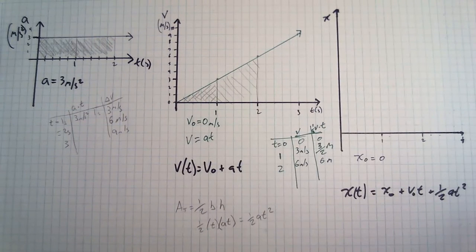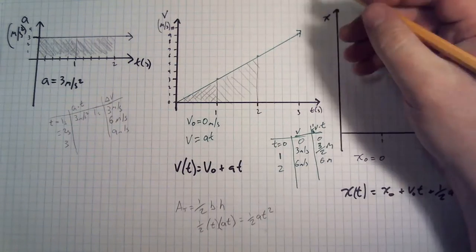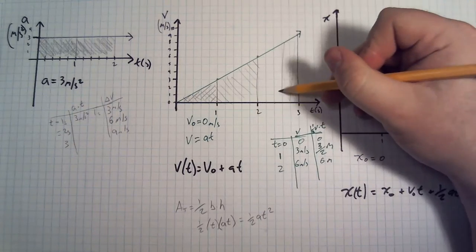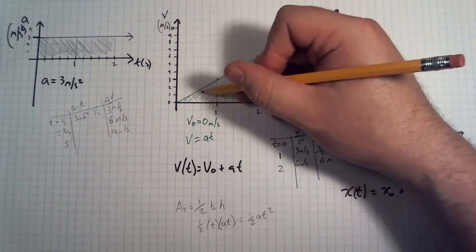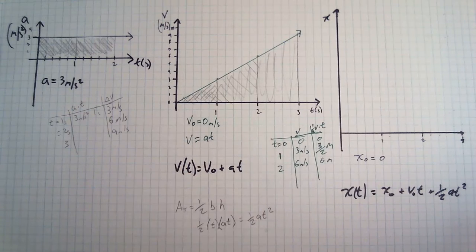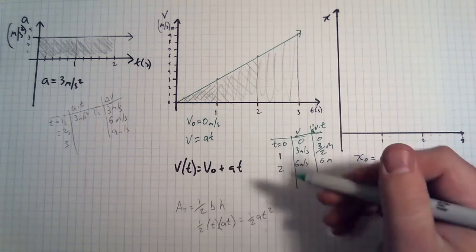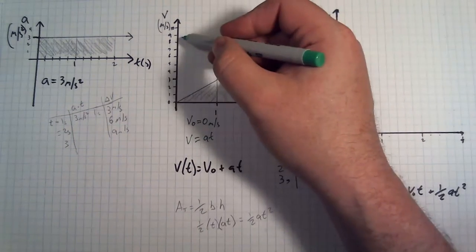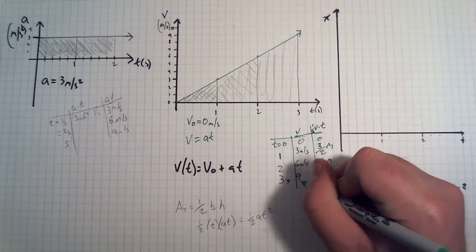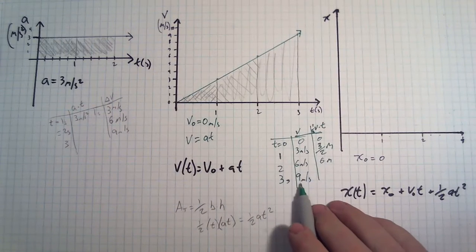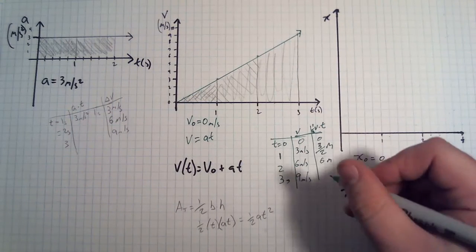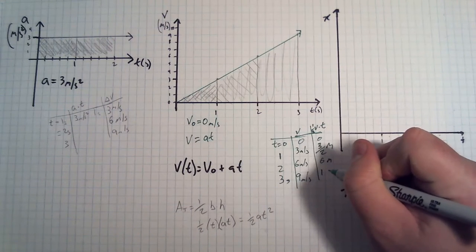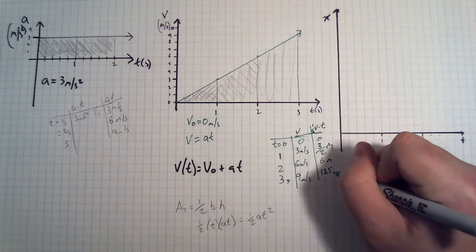All right, let's get one more and go all the way out to 3 seconds. My base, my t, is 3 seconds, and my height here is 9 meters per second. 3 times 9 is 27, but I need a 1/2, so that is 27 over 2, or 13.5 meters.